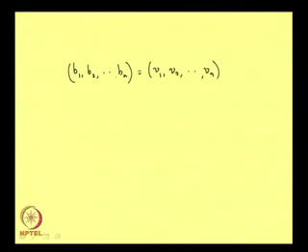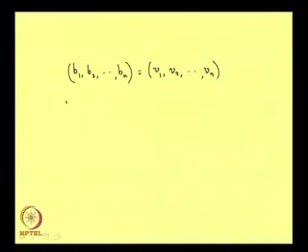Now, what will be the set of Nash equilibria in this particular second price auction? There can be several Nash equilibria in this auction. A particular Nash equilibrium that may seem very natural is this one. The speciality of this Nash equilibrium is very obvious. Each person is submitting a bid which is equal to his or her valuation.